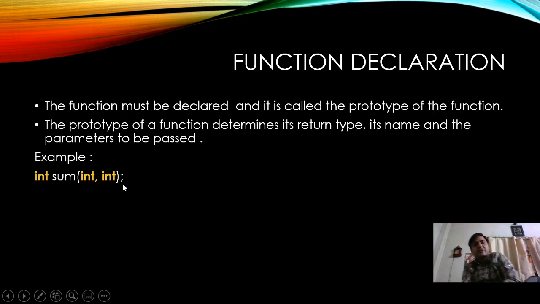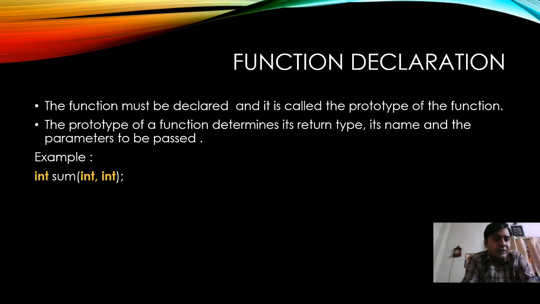Now if our function was to display something, say the name of a particular person, then what should have been the return type? The return type should have been void, because it is not returning anything. The main purpose of the function is just to print a string, a set of characters.